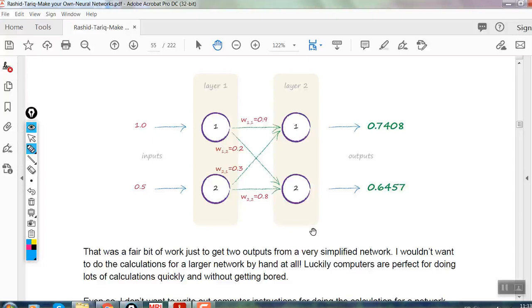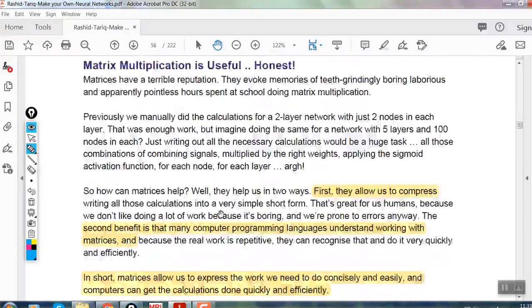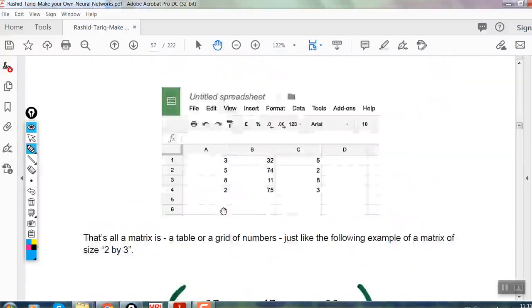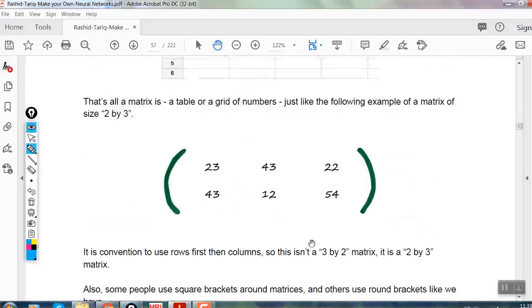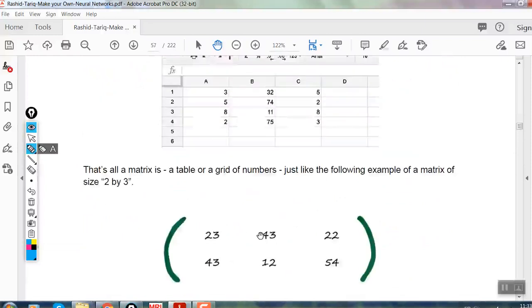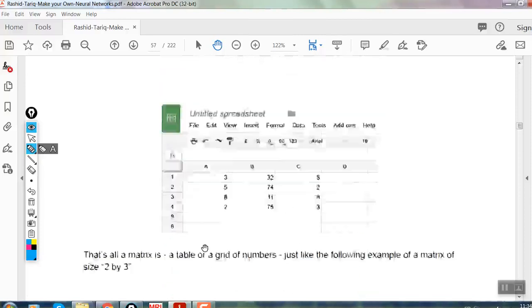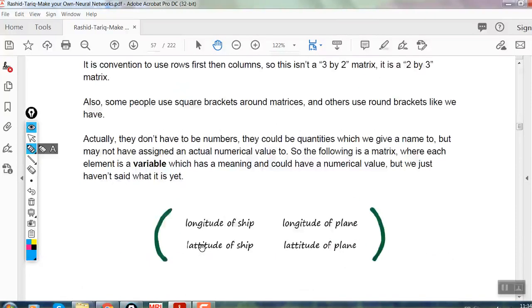Of course it is simple, but it is time consuming. Then in this way we try to use the matrix. You know the operation of the matrix.